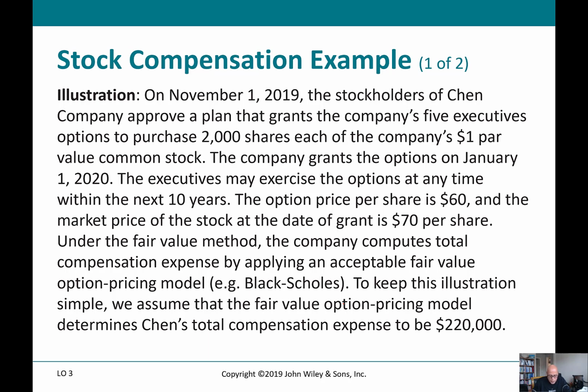But we still would have to come up with what we perceive to be the market value of the options using some model. And they tell us, and I might have misspelled Black-Scholes earlier, that by using the fair value method, we compute total compensation expense by applying this Black-Scholes model.